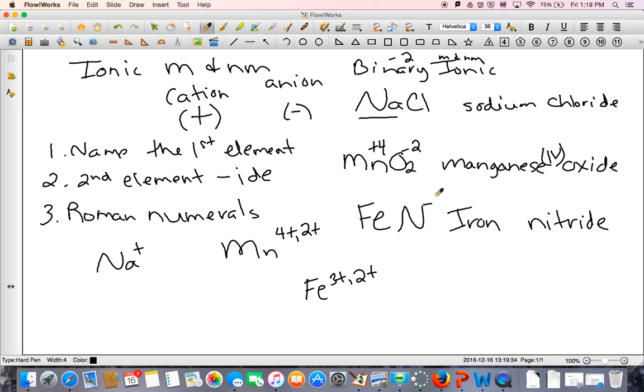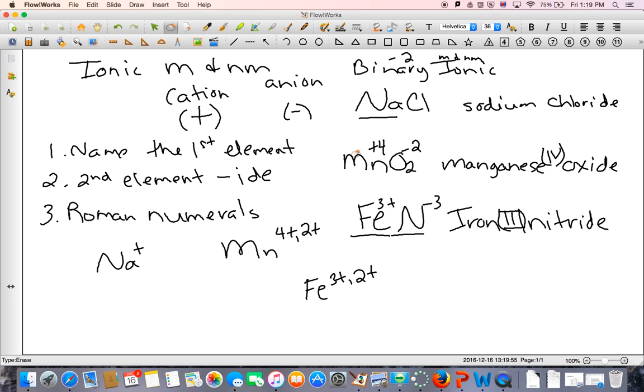I look at nitrogen. He's a 3 negative. Notice I have 1 nitrogen and 1 iron, so if he took 3, he gave 3. It's iron III nitride.